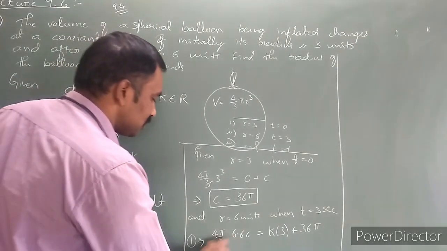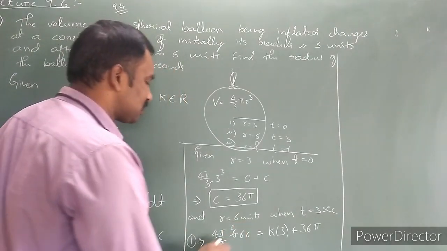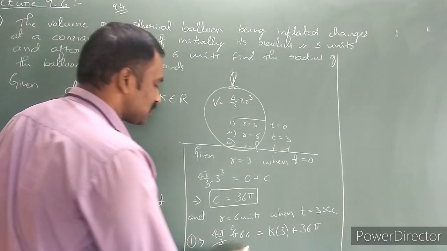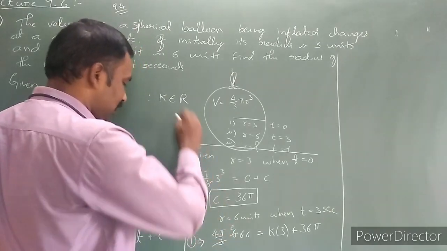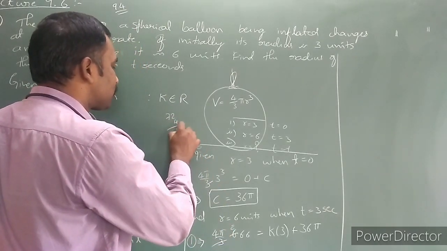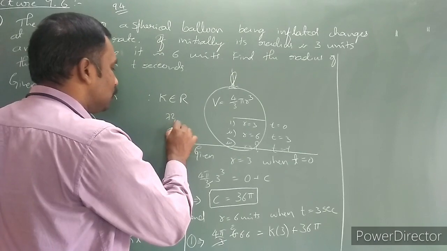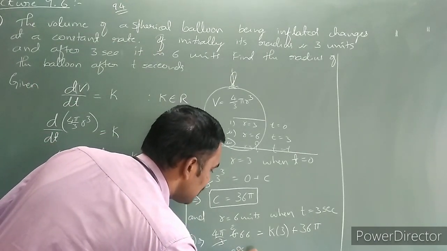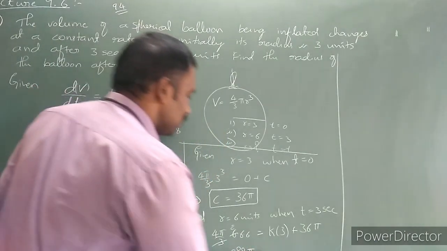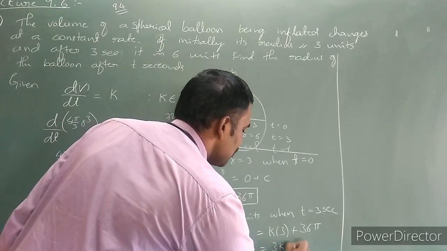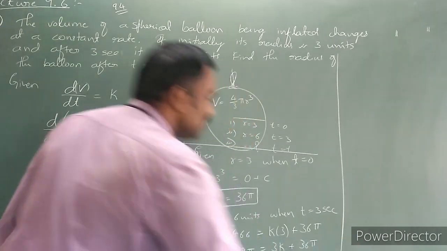So here 3 ones are 3, 3 twos are 6, 6 sixes are 36, 36 twos are 72, 72 fours are 288. 288 pi is equal to 3k plus 36 pi.